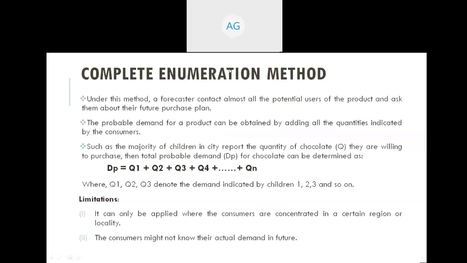So first is complete enumeration method. Under this method, a forecaster contacts almost all the potential users of the product and asks them about their future purchase plans.